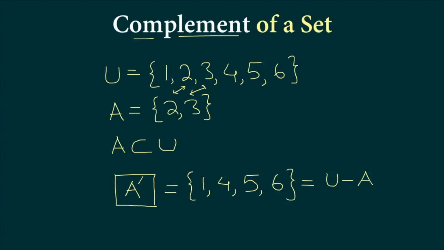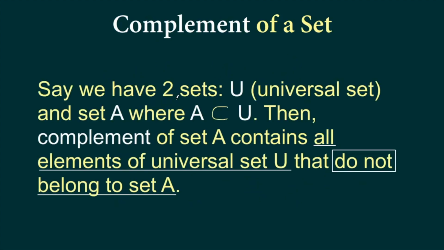Now let's quickly define the complement of a set. If we have two sets, a universal set U and a set A, where A is a subset of U, then the complement of set A will contain all elements of the universal set that do not belong to set A. We write the complement of a set with the dash at the top.